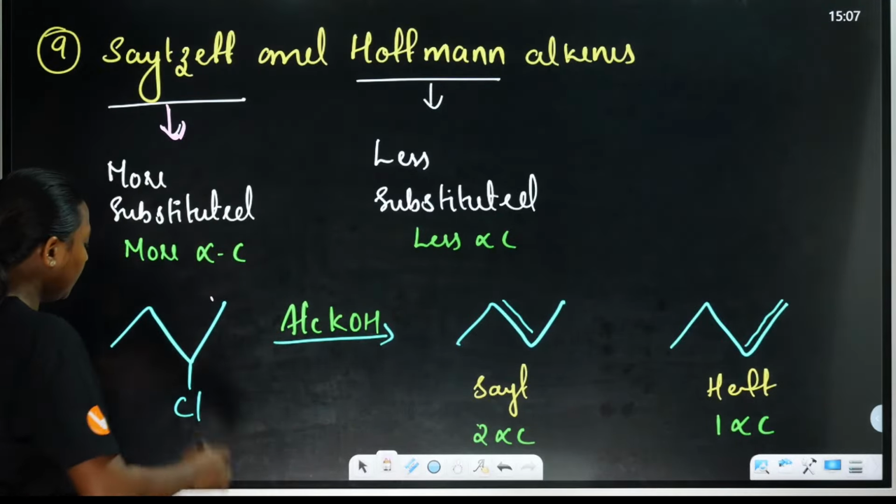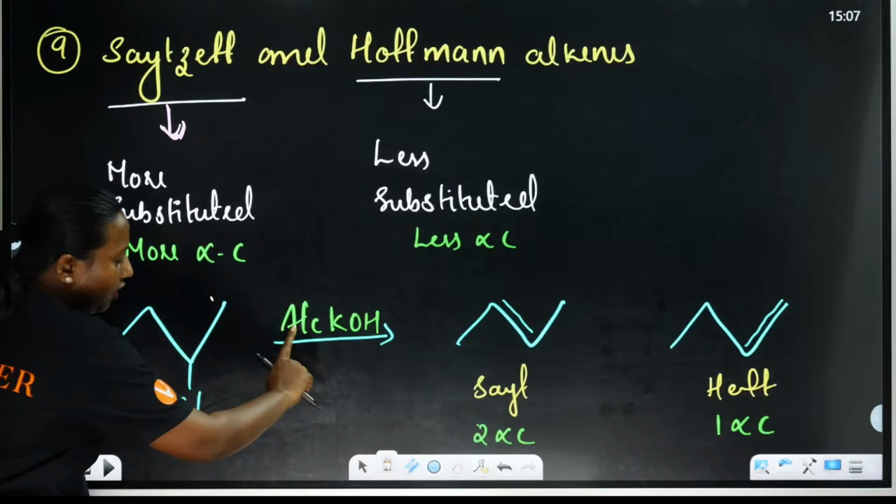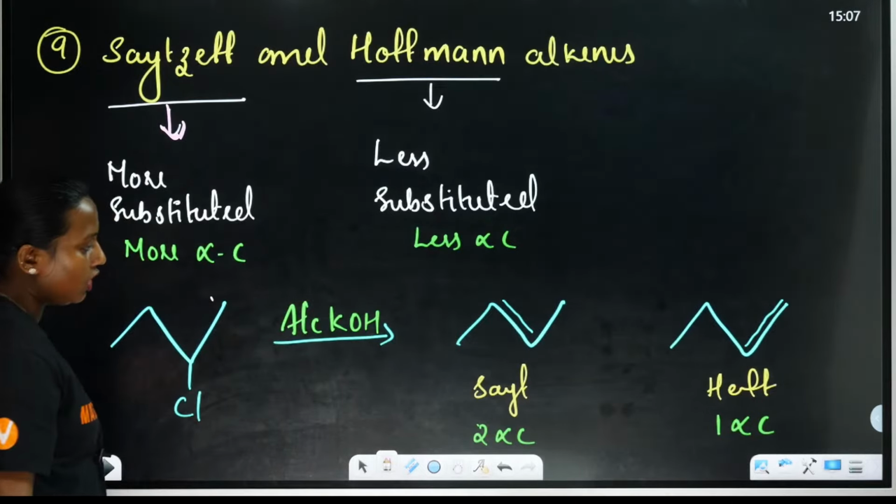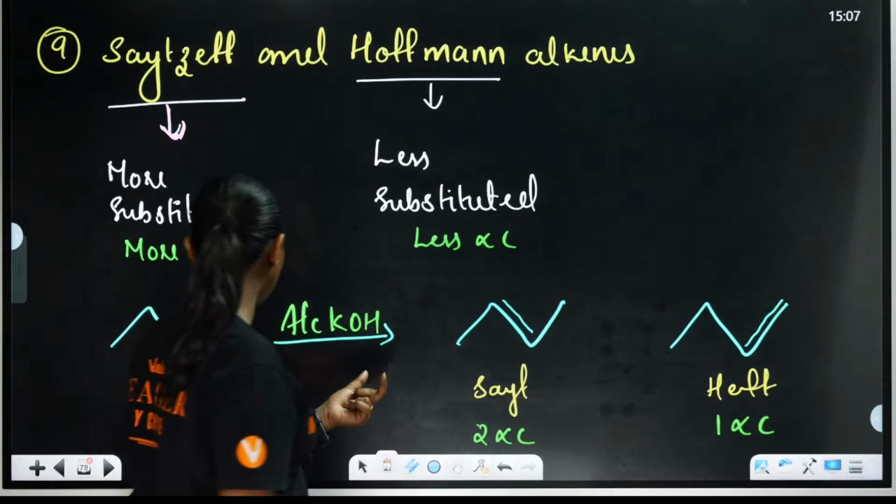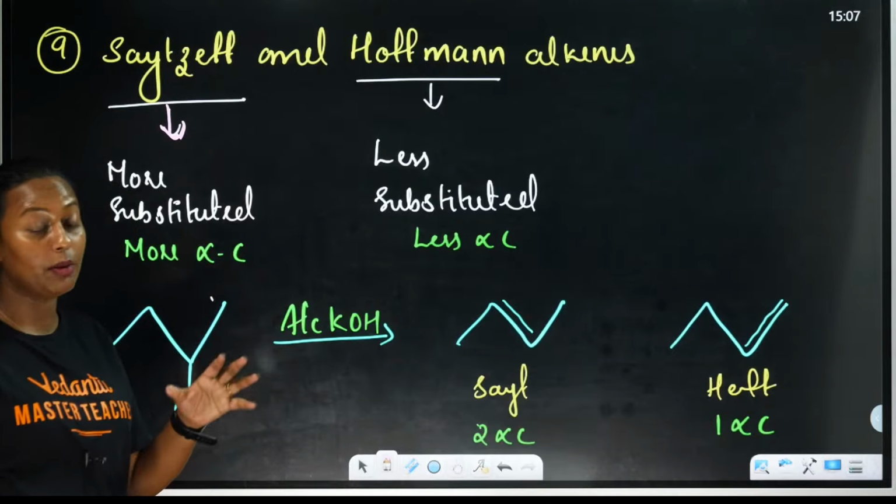So here you can see we are treating with alcoholic KOH. So by Saytzeff's rule, how should it form?